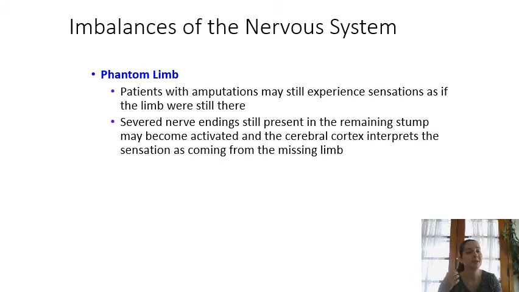Your brain doesn't know what to do with that information. So sometimes it still interprets the limb as being there because there are still pathways toward it. It's just that they don't go all the way to where they would have normally ended. So it's still stimulating your brain, and your brain is trying to make sense of the fact that those pathways no longer go where they used to.